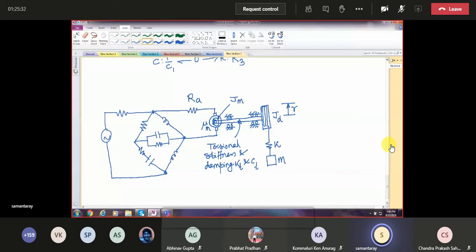So this shaft itself will offer some kind of torsional stiffness and damping because it is very long. If you calculate the modulus of rigidity times polar moment of area divided by the length, it has some torsional stiffness. And it also has some torsional damping. So we just coupled the electrical part with the mechanical part.